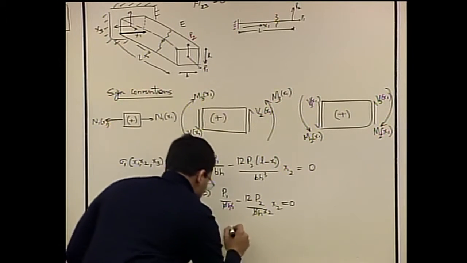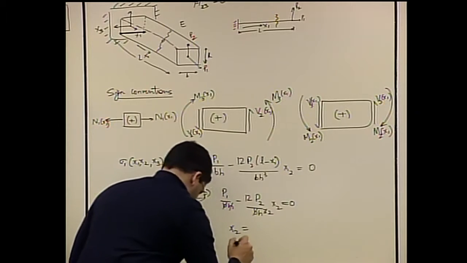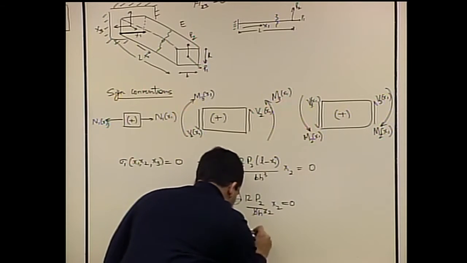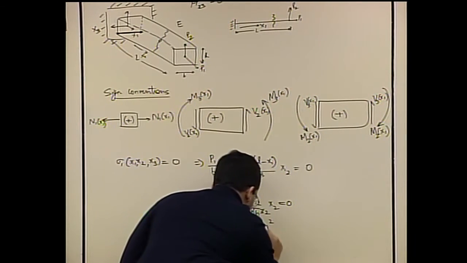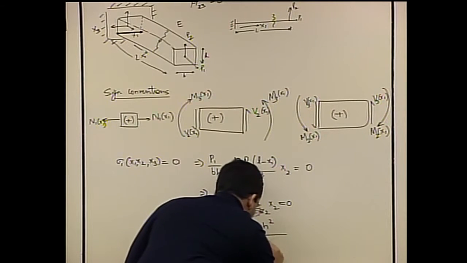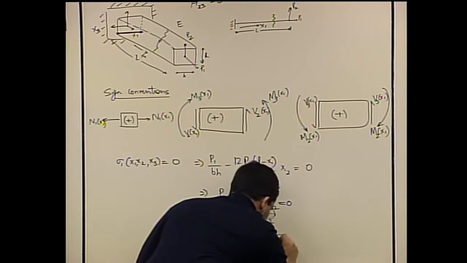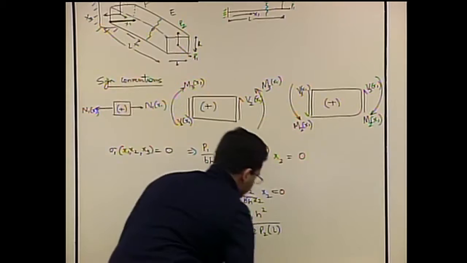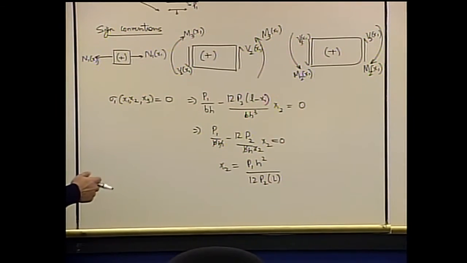So this becomes x2 is equal to P1H square over 12 P2 L. Of course, if there was an x1, then you can put the value of x1 and evaluate that location of 0 stress at all the cross sections along the span.